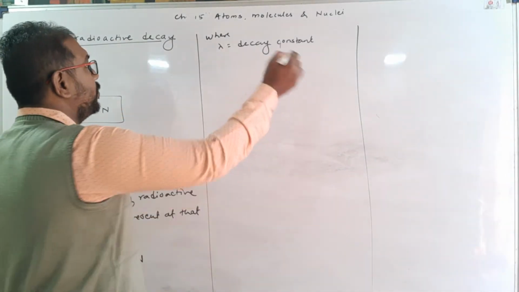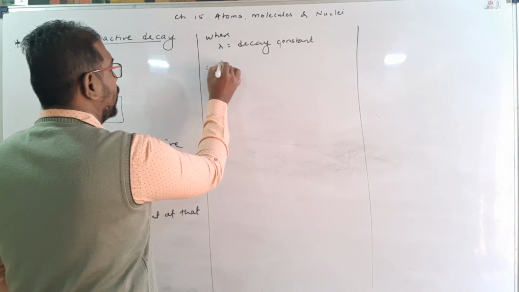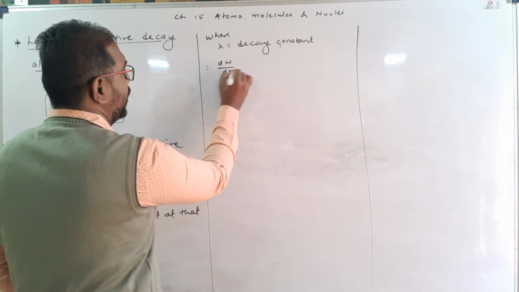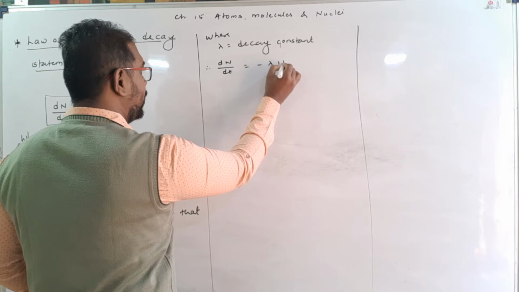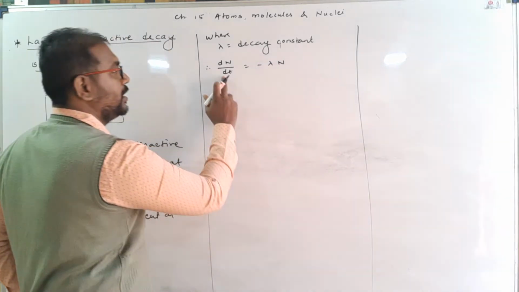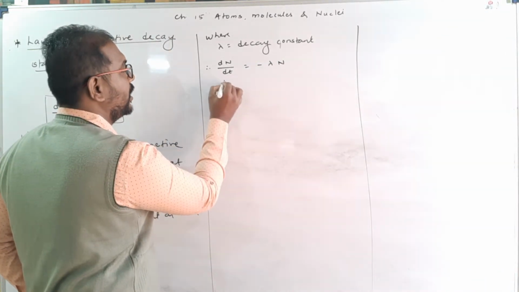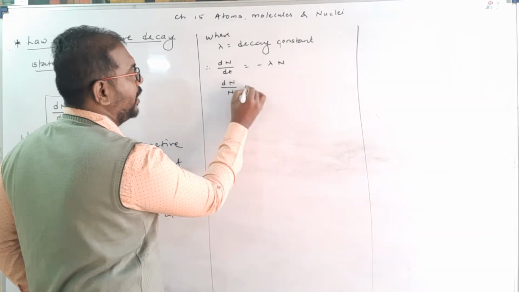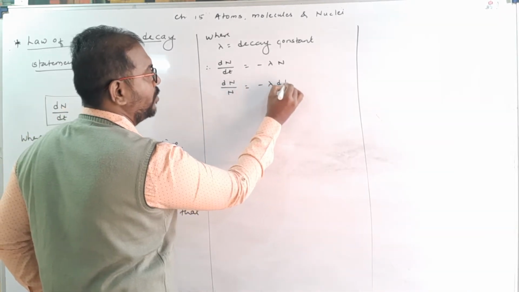Hence dN by dt is equal to minus lambda N. I can transfer dt to this side and N to this side: dN by N is equal to minus lambda dt.